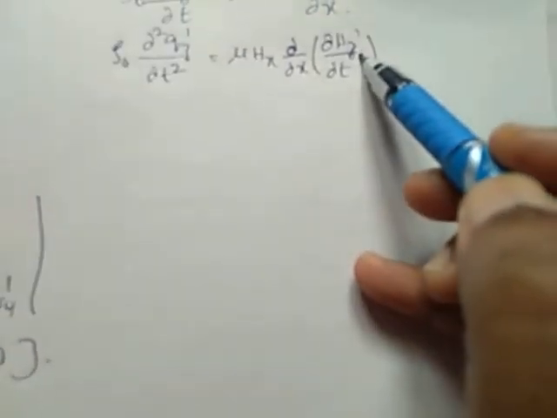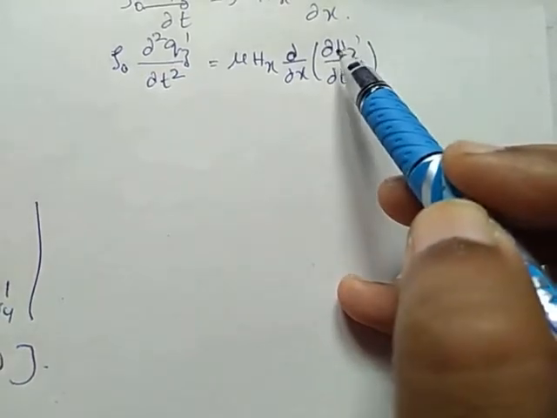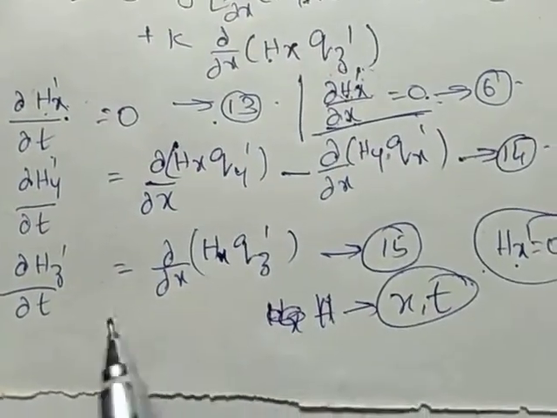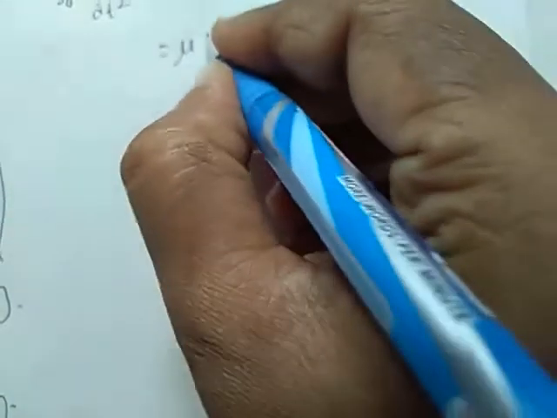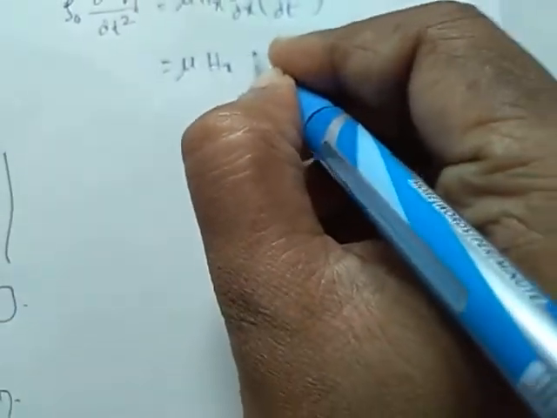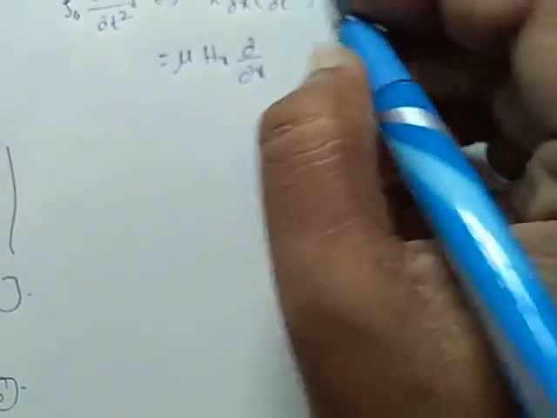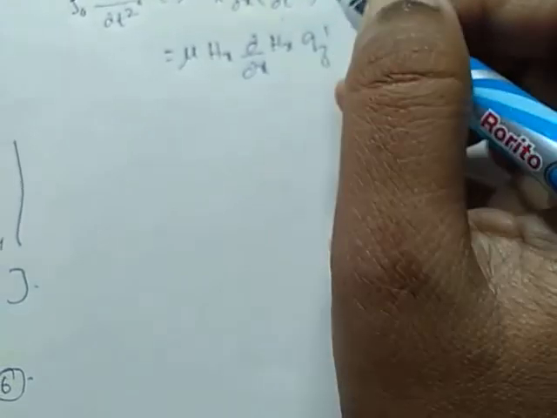We have got the ∂Hz'/∂t value, which is our equation 15. From equation 15, this equation becomes mu Hx ∂/∂x of Hx q_z'.